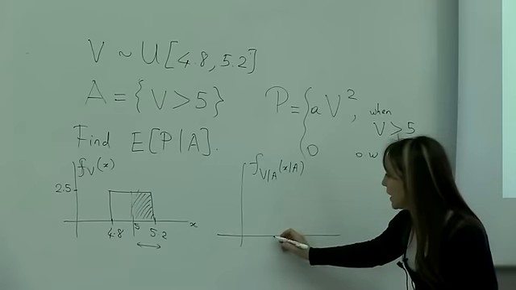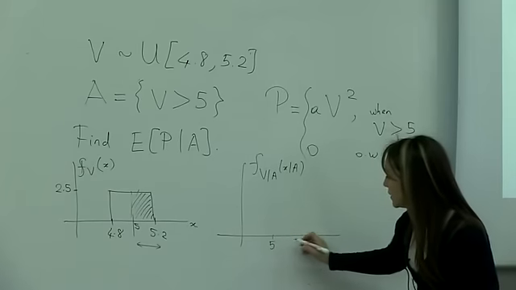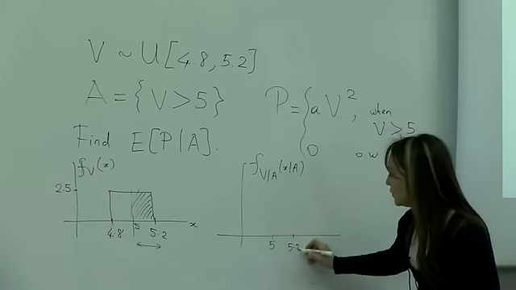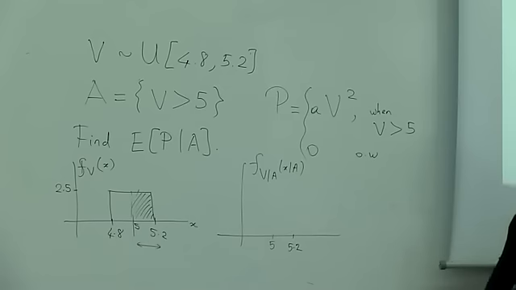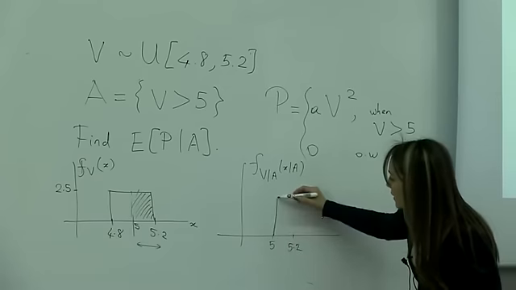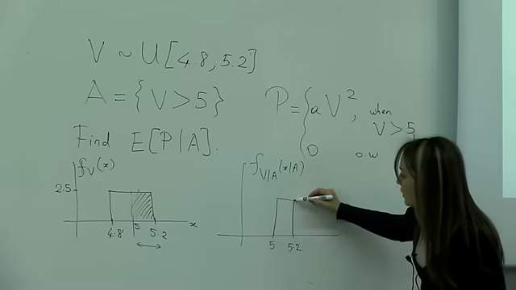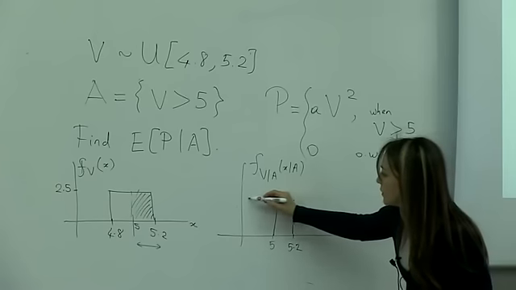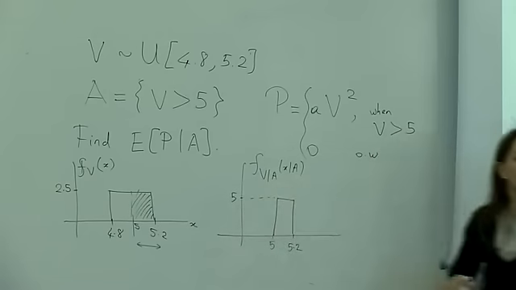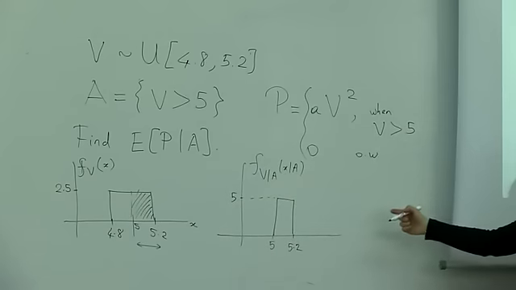So f_{V|A} is uniform between 5 and 5.2, and its height is 5. Let's write how we got this.